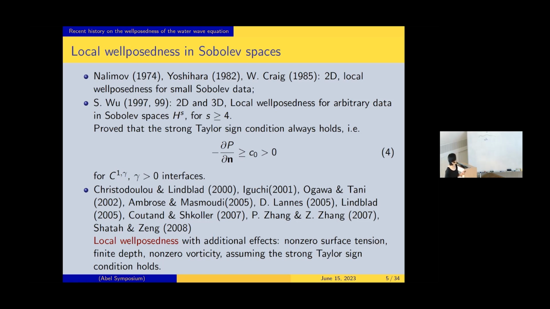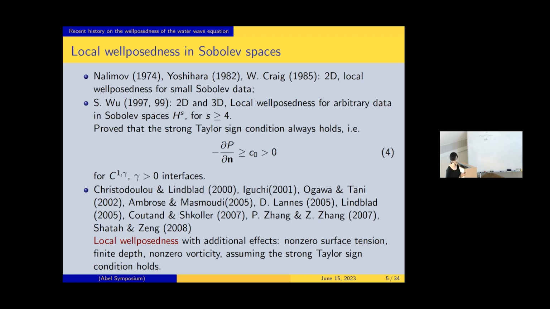The first work on local well-posedness in Sobolev space was given by Nalimov for 2D water waves. He basically shows that if the data is small in Sobolev spaces, then you can solve it for a short period of time.